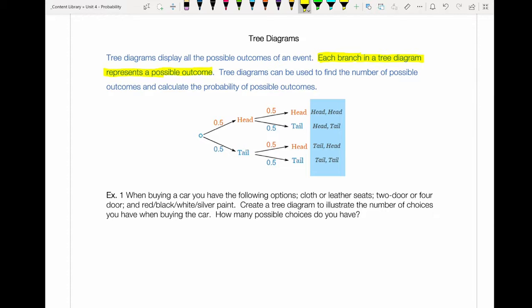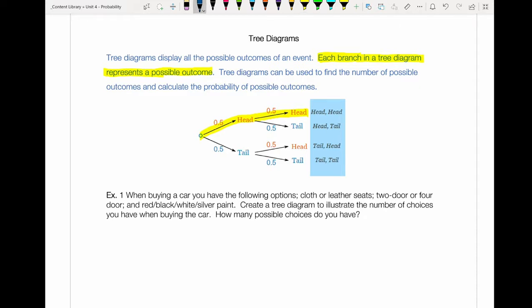The key thing here is that the entire branch is considered one outcome. If I'm looking at this example where I am flipping a coin twice, I'm looking at what my possible outcomes are. An entire outcome is something that goes like this. That is considered one branch right there that I highlighted. It's not each individual one, it's the entire pathway or entire branch that's considered one outcome.